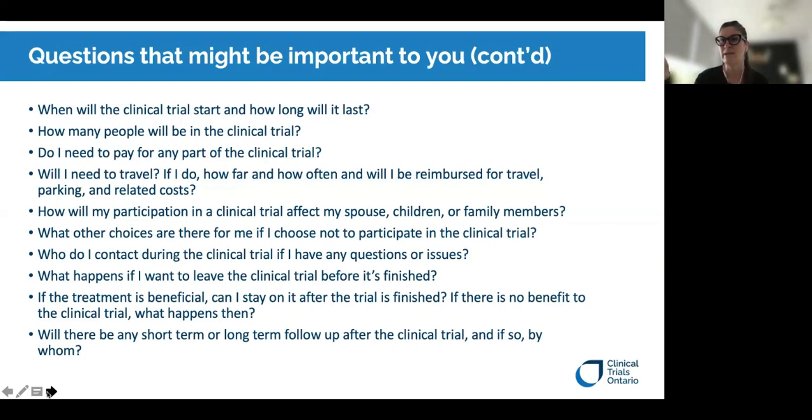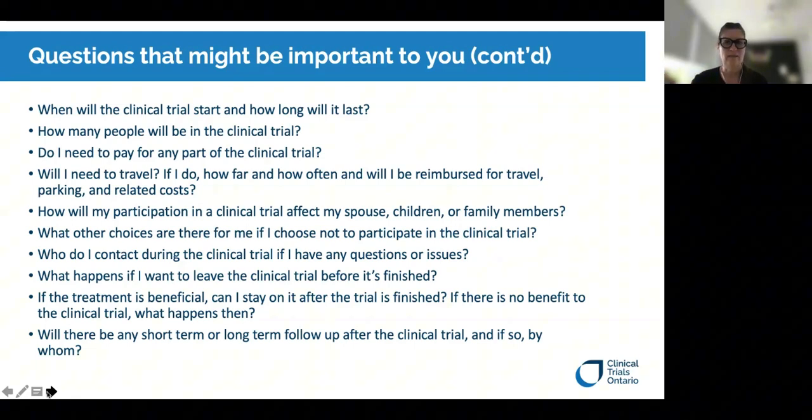So you might ask how long your participation would actually last, how many people, and what kinds of out-of-pocket costs there are. Again, sometimes there are organizations that can help offset costs, or sometimes the trial itself has the budget to offset some of your costs. I'm thinking about how it personally impacts you, whether you're working, whether you have stuff going on with your family, but those are important considerations as well.